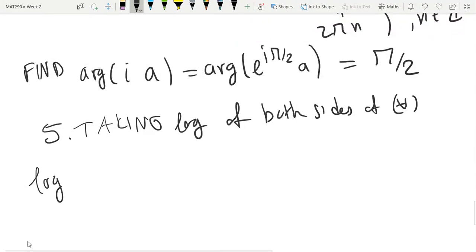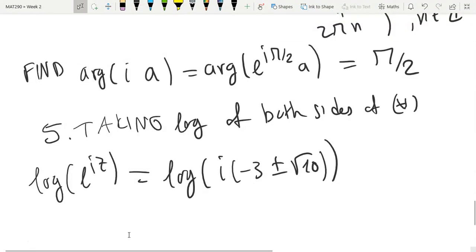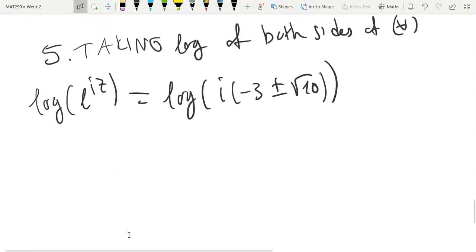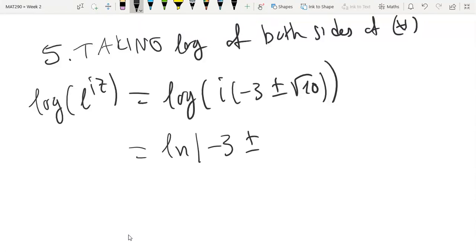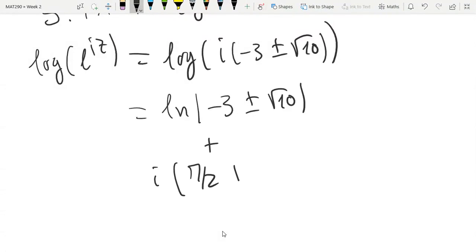Gives log of e to the iz is equal to log of i times minus 3 plus square root 10. And we found this above. So that was ln of the modulus plus i times pi over 2 plus 2 pi n.